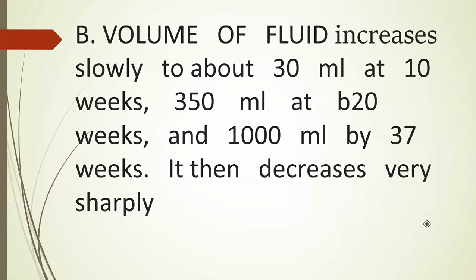The volume of the fluid increases 30 ml per week to 350 ml by 20 weeks of pregnancy, and about 1,000 ml by 36 weeks of pregnancy or beyond, no? And it will decrease after that.